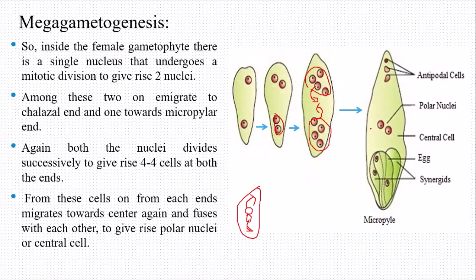These two nuclei fuse with each other and form the polar nuclei, and after a wall develops around them they form the central cell having two nuclei, which in future will be represented as 2n. The other ends will have three cells at each end, three cells at the chalazal end and three cells at the micropylar end.